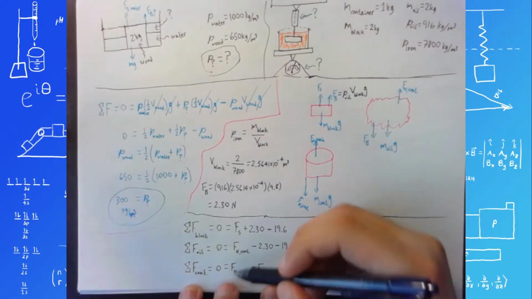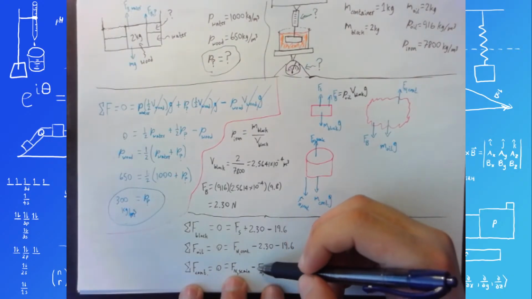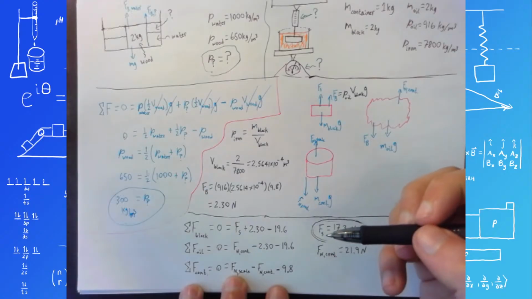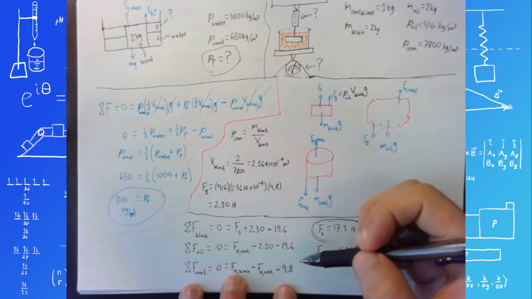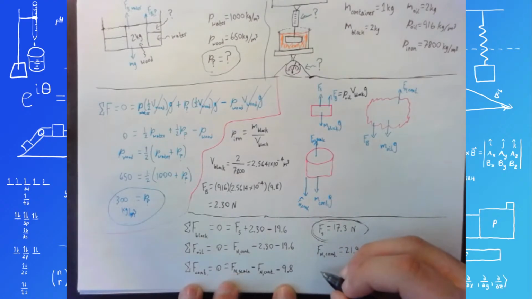And then plug that in over here, 21.9 minus this minus 9.8. 21.9 minus 9.8 is, let's see, 21 minus 9 is 12, and then 0.9 minus 0.8 is 0.1, so 12.1.